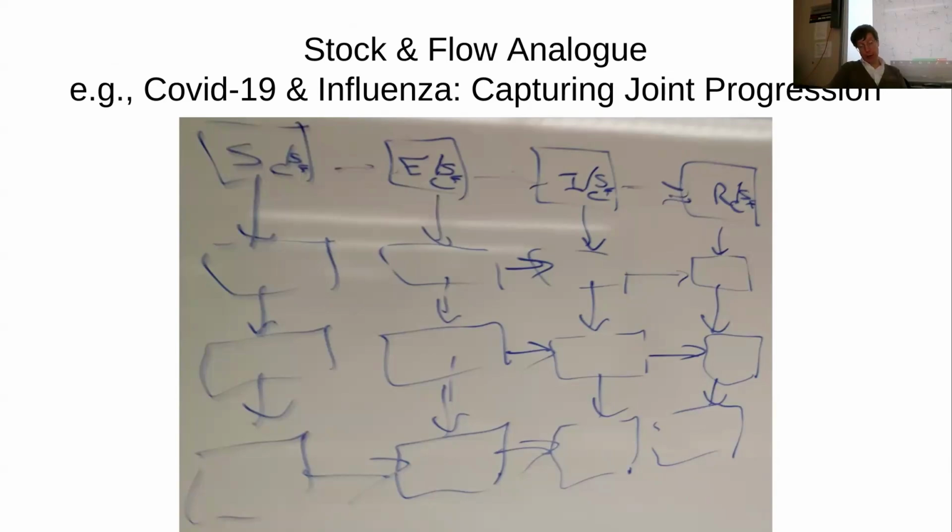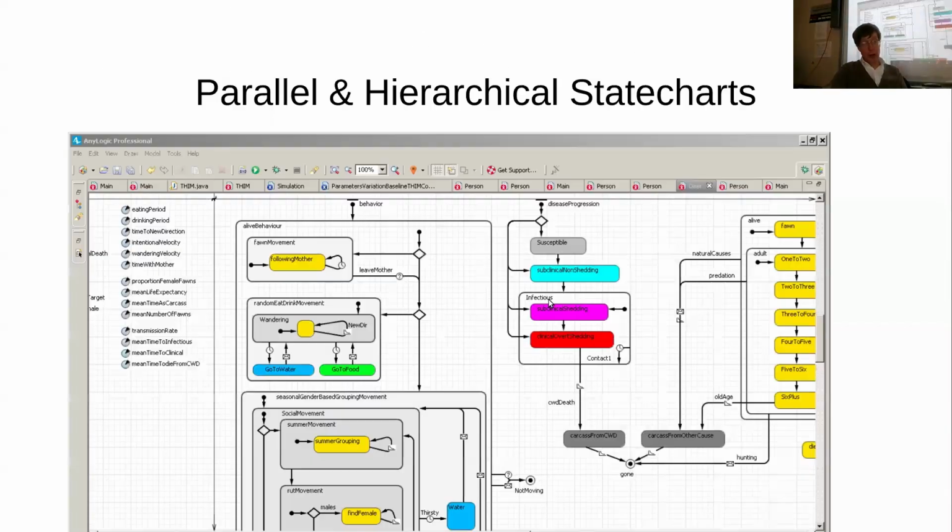Adding that as another dimension leads to a multiplicative addition to the size of this model and number of details to keep track of within an aggregate model. By contrast, within an individual-based model, it is additive.